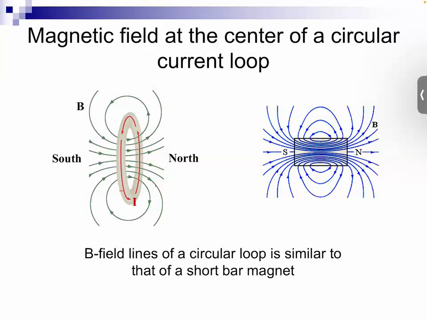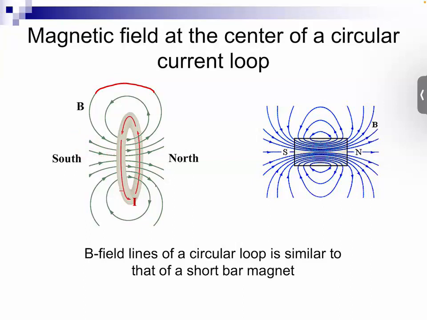And of course, it forms closed circles. Magnetic field lines always form closed circles around a wire. And so it forms a closed circle and it enters the other end of the wire loop. So you have here magnetic field lines coming out on the right side and magnetic field lines entering the loop on the left side.